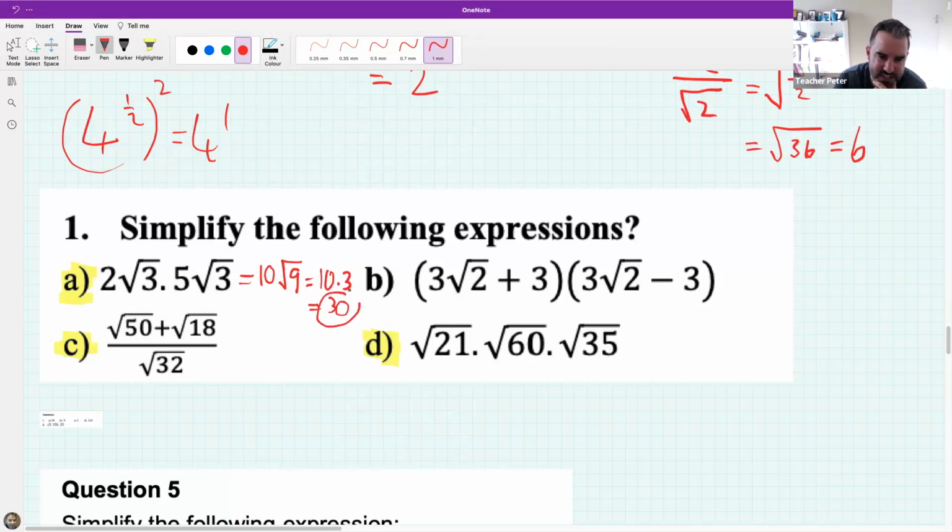I get 30 for A. Anybody else get 30 for A? Who's on team 30? Put a 30 in the chat if you got 30 for 1A.